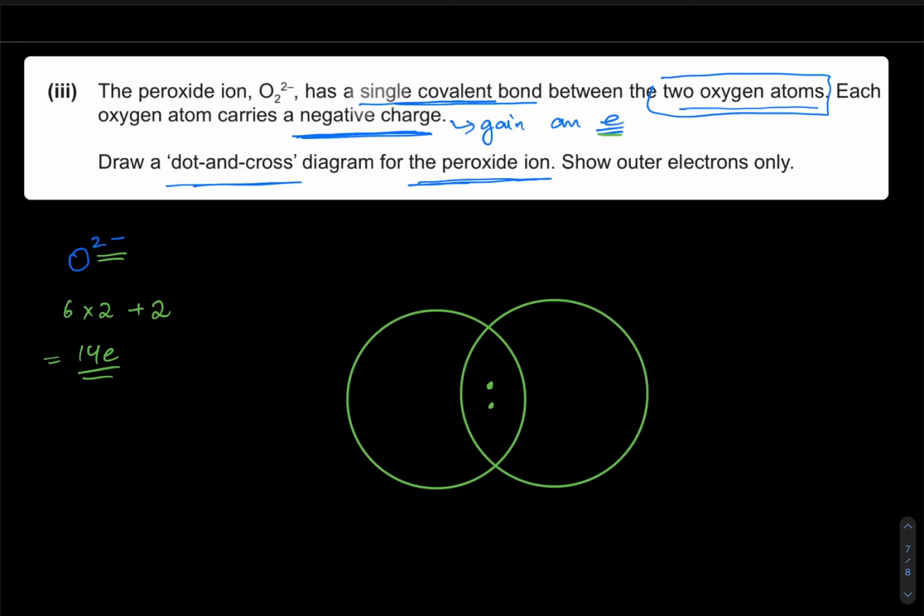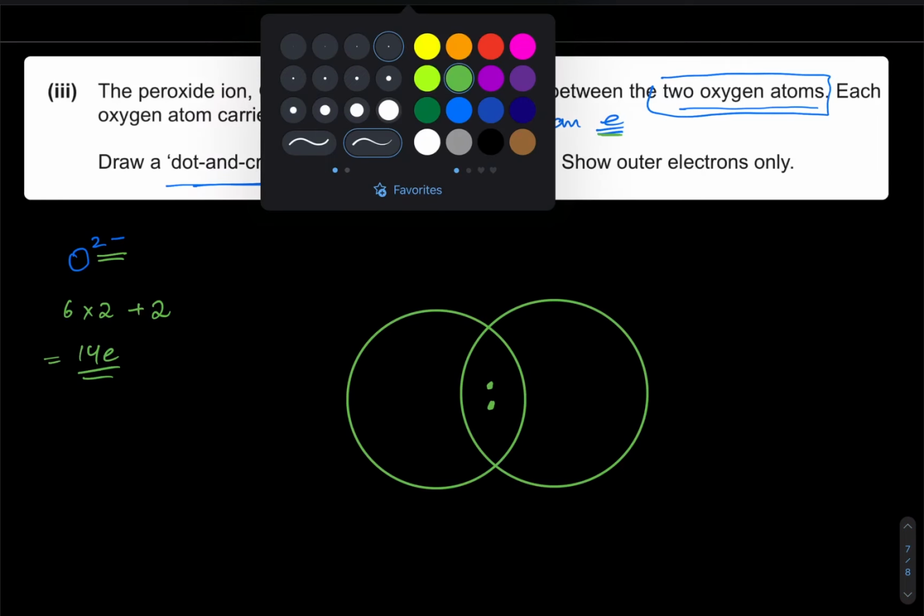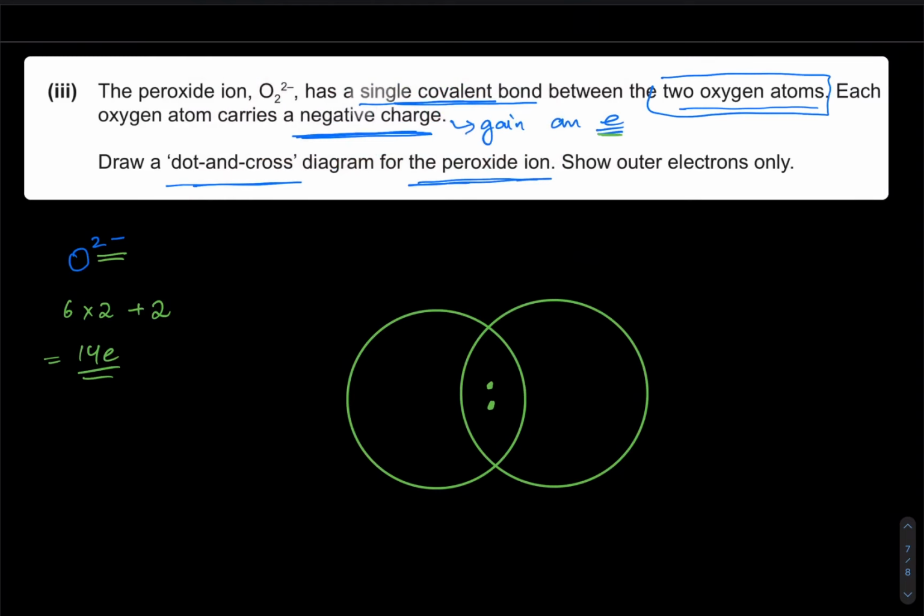At least they will be sharing 1 electron each. So this would be a bond pair, and the rest of the electrons we will draw as lone pairs, right? So let's suppose we draw them by cross. So 2 electrons and then 3, 4. So now these are a total of 14 electrons.